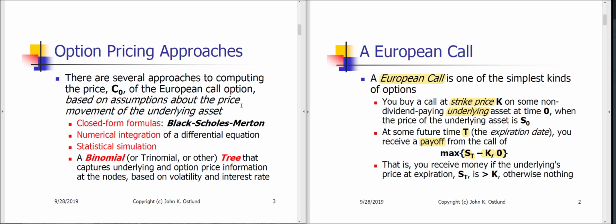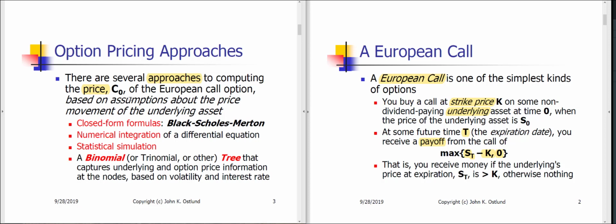So we don't know the future. We may have convictions about what's going to happen in the future, but we don't know the future for certain. How much should we be willing to pay for an option that has this particular payoff behavior? Well, there are many different approaches to figuring out what the proper price is based on various assumptions about the market and about the behavior of the underlying asset.